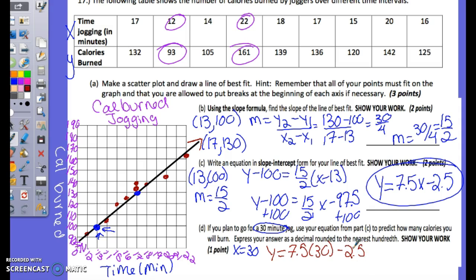So 7.5 times 30 equals 225, minus 2.5 gives you 222.5, rounded to the nearest 100 calories. And yours might be a little bit off, but it should be somewhere very close to that.